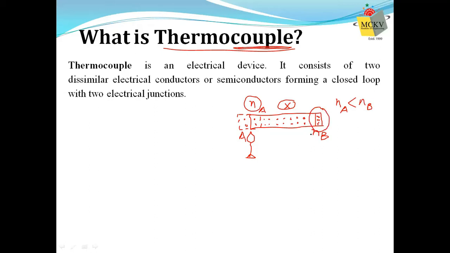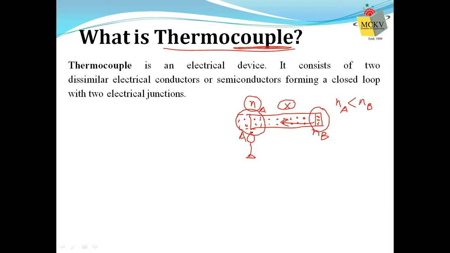The concentration of electrons here will be low. So you know, whenever there is a concentration gradient, that is the concentration is changing, the electrons will diffuse from this side to this side, that is from right to left. So there will be diffusion of electrons from the colder end to the hotter end.